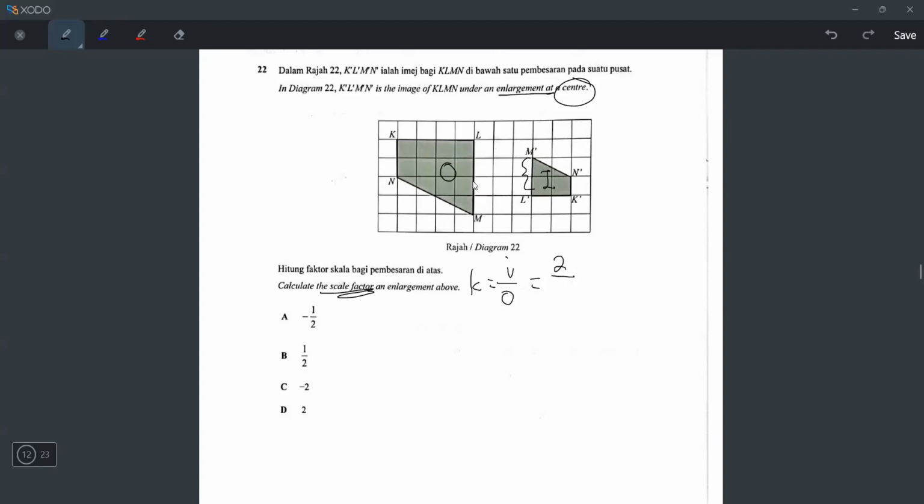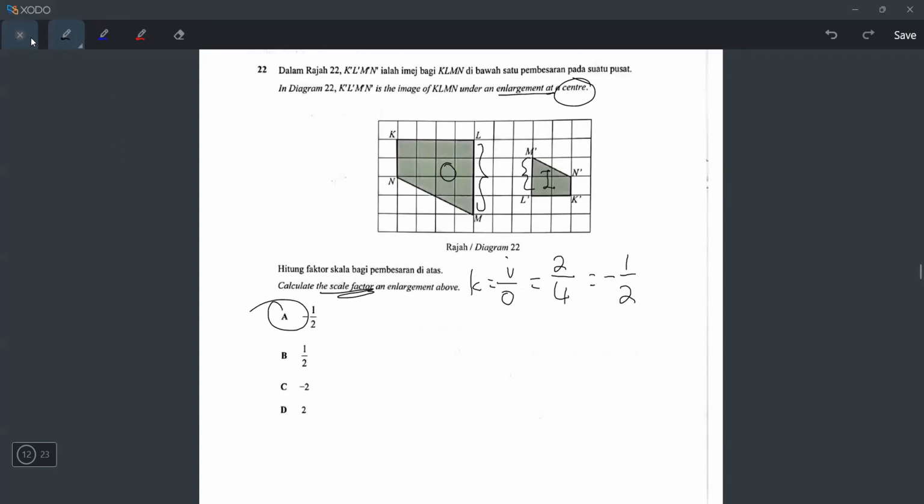And then I have to divide by what? Not by KN. Of course, you have to divide by the corresponding sides. This ML, the corresponding side is this one. So you have to divide by 4. So the answer is 1/2. But did you notice that this trapezium and this trapezium are upside down? When they are upside down, it means the scale factor has to be negative. So that's the answer in A.